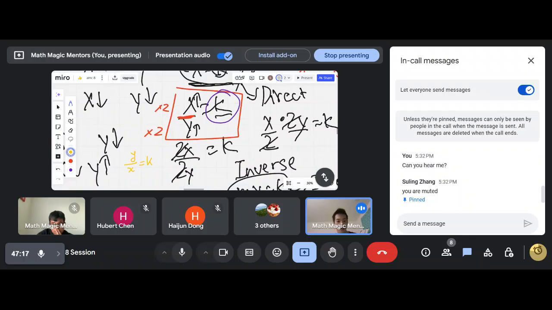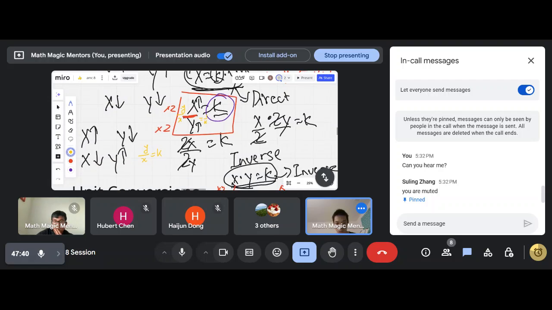We can actually just switch them around and still get a constant, although the constant will be different, because if you take the reciprocal of both sides of this, you'll get y over x equals 1 over k if we initially define k as x over y, right? But again, 1 over k will never change, right? k is still a constant.